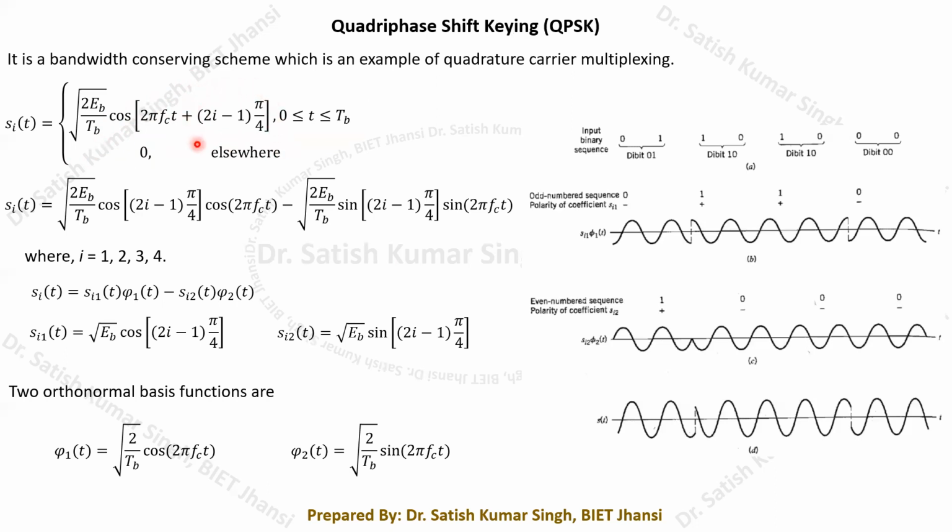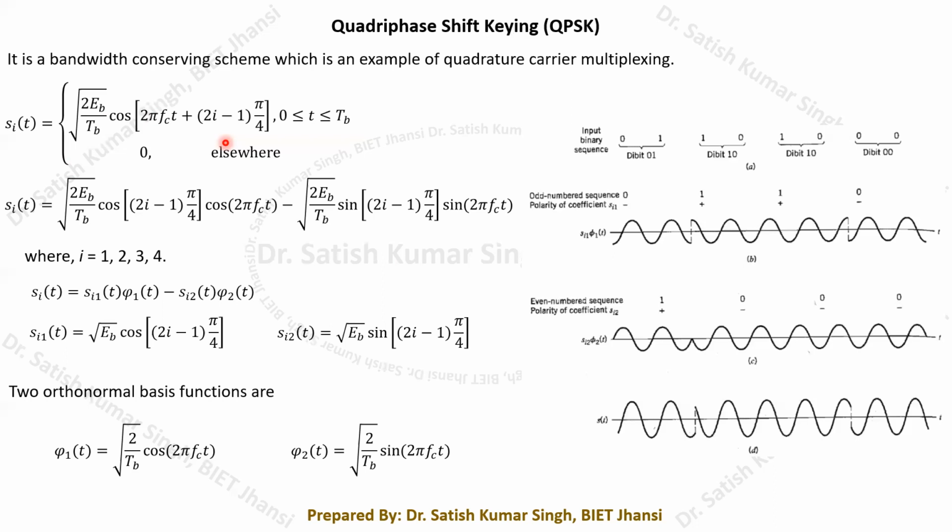So if I substitute, let us say, I equals 1, then you are going to get this value equal to pi by 4. So this phase will be pi by 4. Similarly, if you substitute I equals 2, you get 3 pi by 4. When I equals 3, we get 5 pi by 4, and when I equals 4, we get 7 pi by 4.